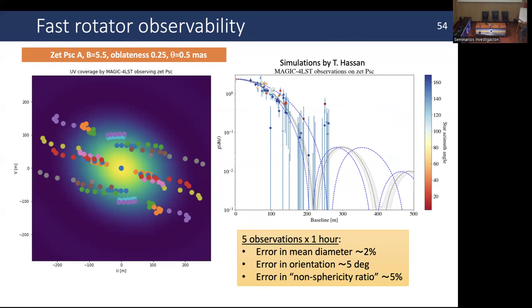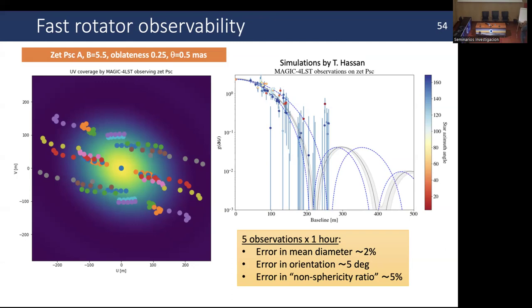And what he did was to try to reconstruct what we would expect with MAGIC and the 4 LSTs. He produced the visibility curve, he fitted it, he got an estimate for the diameter of the star, the orientation of the star, and the oblateness of the star, so the deformation of the star. And these are the errors that he's getting.